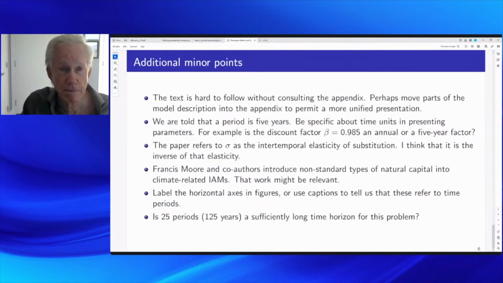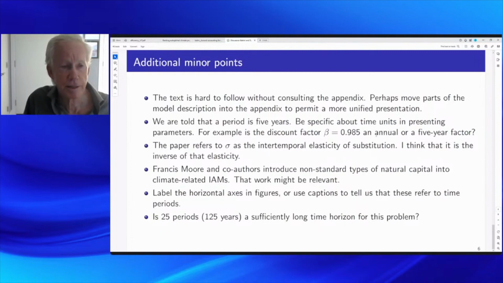So I just have a few minor points that I'll conclude with. Most of these are just comments to the authors that might help in making things clear.